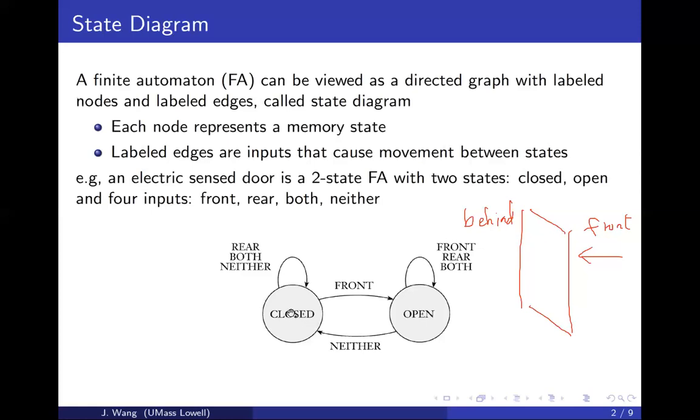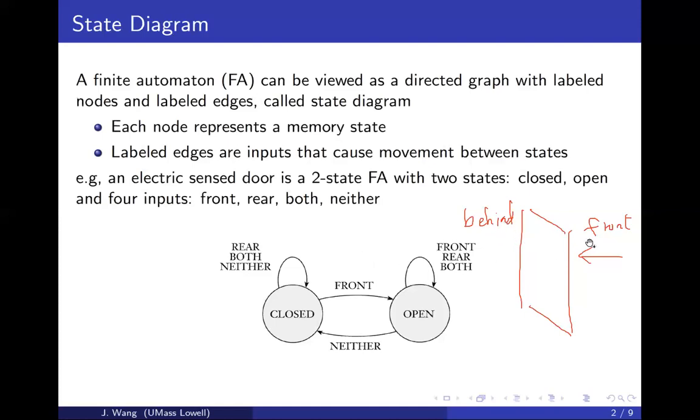If there is no person from outside, but there is a person behind the door, then it remains closed. And if there is a person behind and also a person in front, it also remains closed, because in this situation you don't want to open the door.